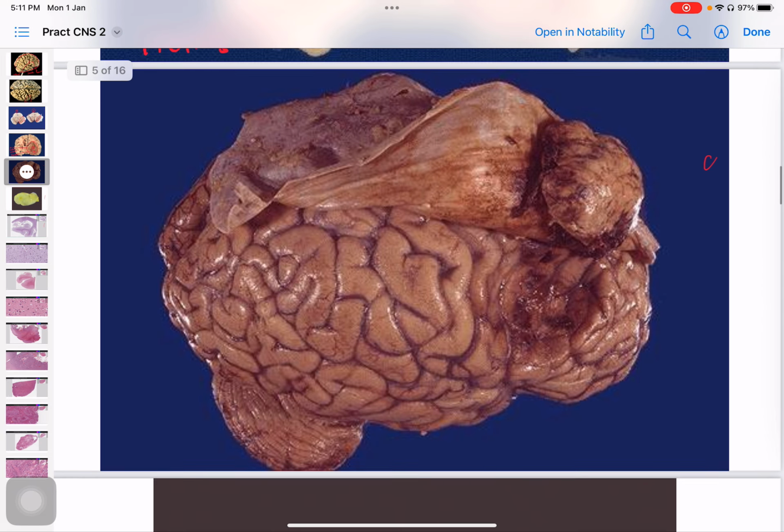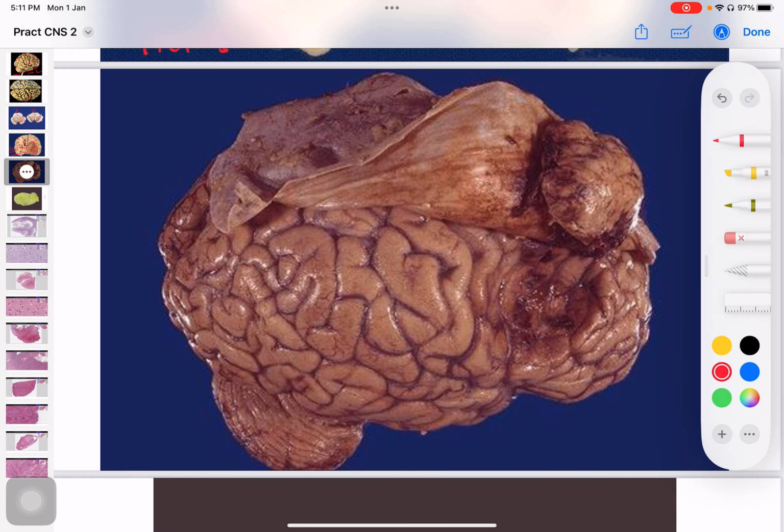Next, we are going to look into the most common primary tumor of the brain. This is meningioma. As the name says, this is a tumor that originates from the meninges. This is the dura or the meninges layer of the brain, and from that there's a tumor that arises from it, okay.